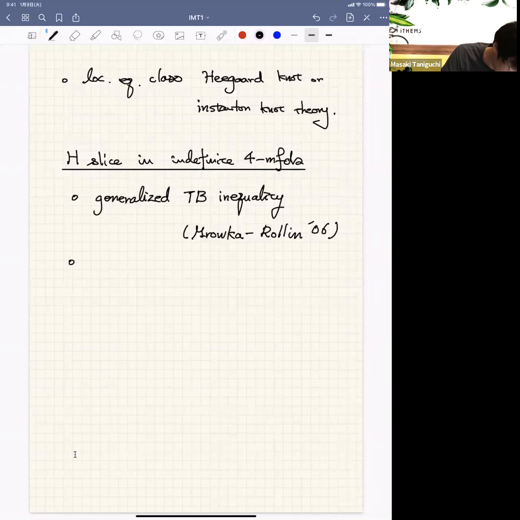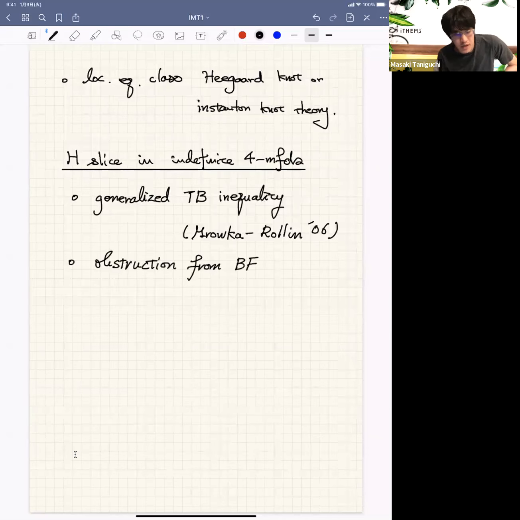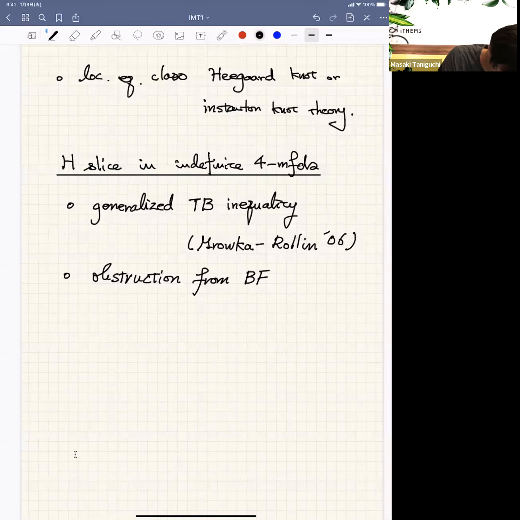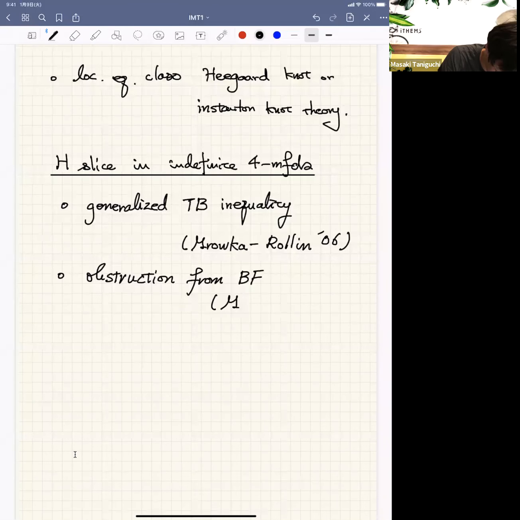Also recently, Manolescu-Marengon gave some obstruction of H-sliceness from a Bauer-Furuta type invariant.